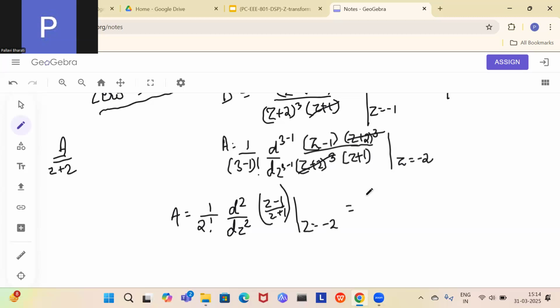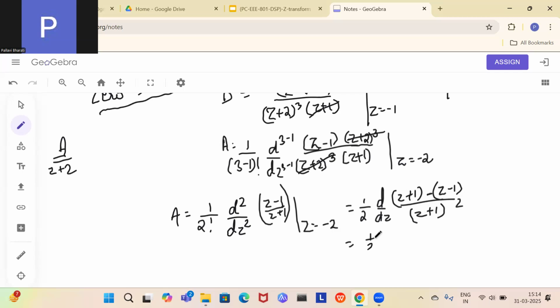So once you differentiate it, let us do that. The first time when you are differentiating, you will be getting half d by dz of z plus 1 minus, there will be a minus sign, right? z plus 1 will be here, and on this side z minus 1 divided by z plus 1 whole square.